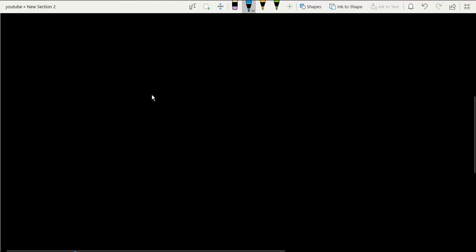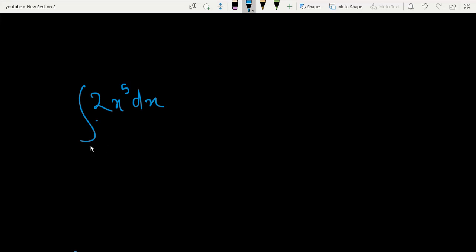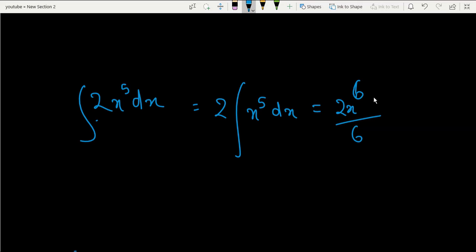Now if there's a question like the integral of 2x raised to 5 dx, in this case you take the 2 outside, because it's a constant, so it won't change, and you integrate the inner part as usual. So it will become 2x raised to 6 by 6, which is x raised to 6 by 3.